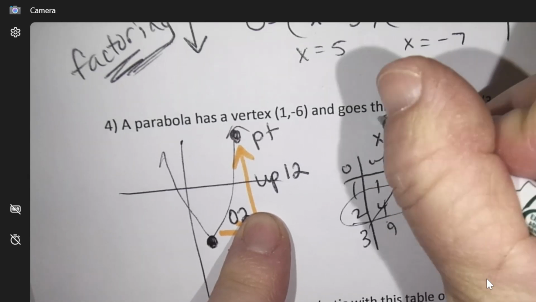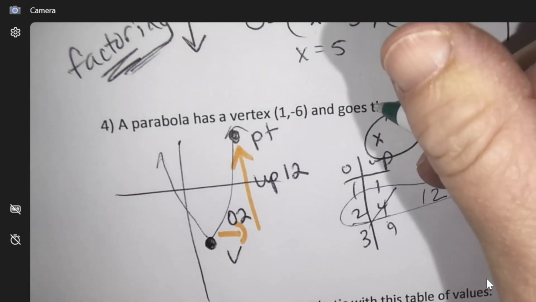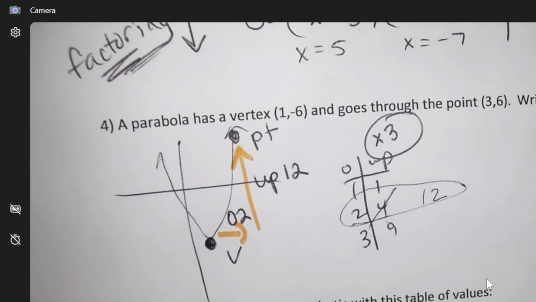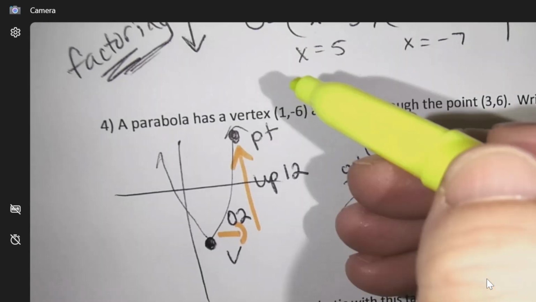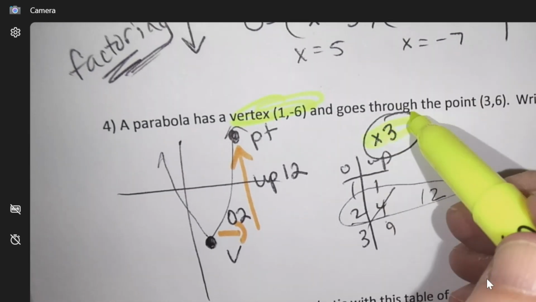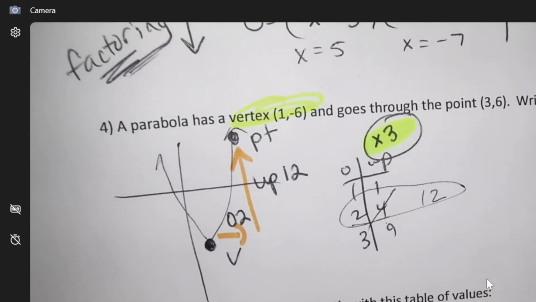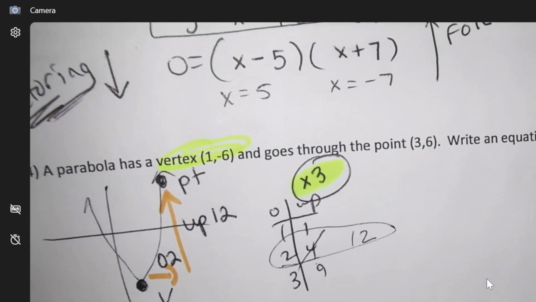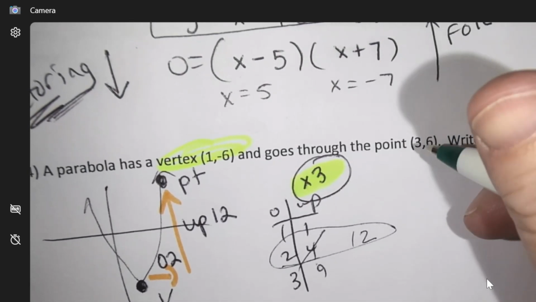So therefore, I would have had to multiply by 3. Okay, so now vertex multiplier. Figure out your equation. Vertex and a multiplier.